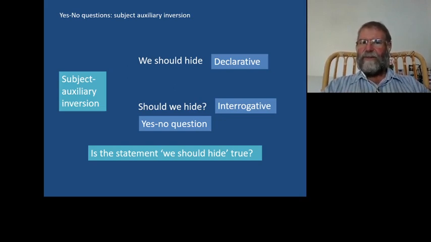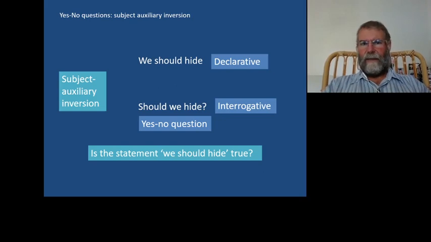So this is the traditional view of this, and in fact it's the view that we're actually going to be following up, only in a bit more technical sense. Okay, so we will make the assumption that declarative orders are somehow basic, and the interrogative orders are what we call derived from the basic declarative order by some syntactic process.